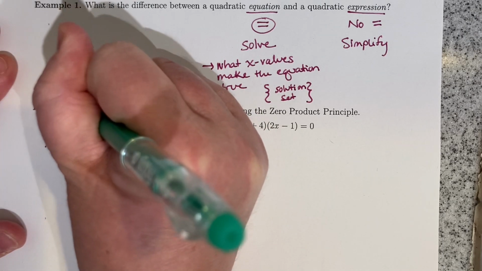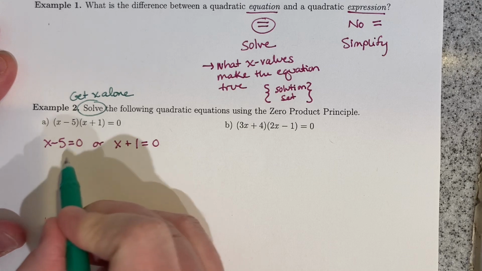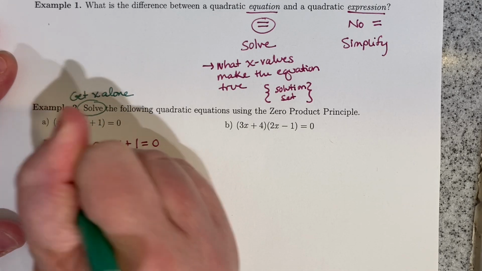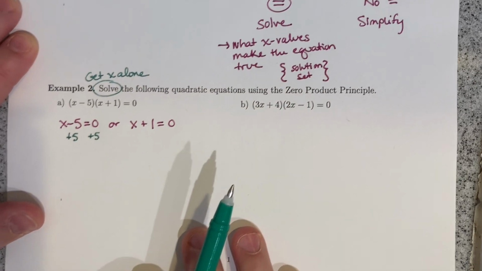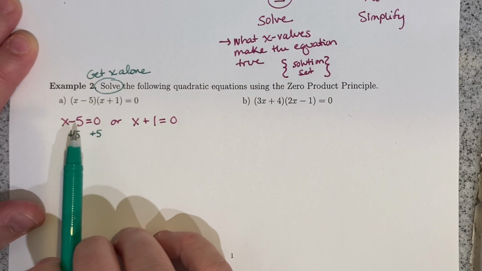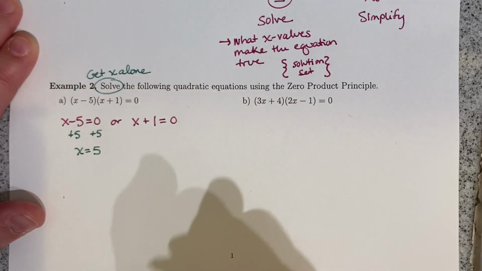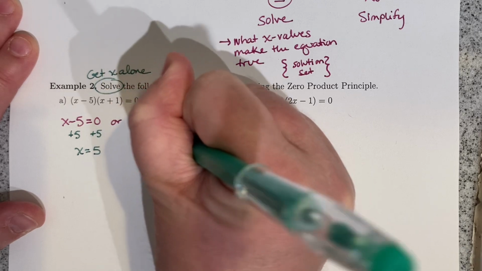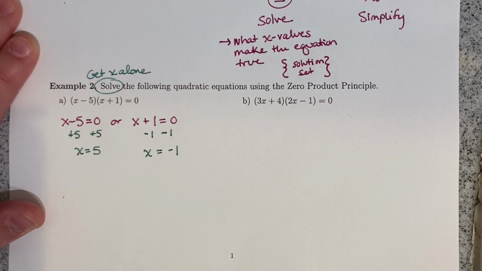That means get x alone. So we have two different expressions to get x alone on. This one I'm going to add 5 because we're always doing opposite to solve. So in this case, the opposite of minus 5 is to add 5. So x equals 5. On the other side, the opposite of plus 1 is minus 1 to get x alone. So then x equals negative 1.